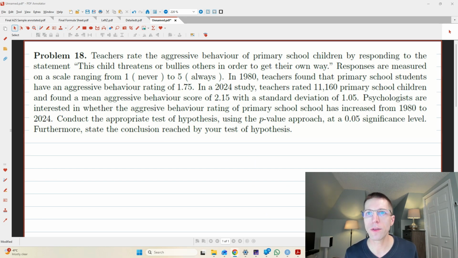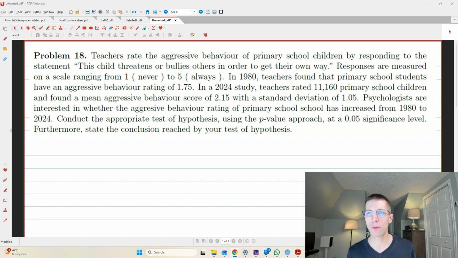Problem 18 is a question about the average or mean aggression level in primary children. So we're told that there's a scale of 1 to 5, with 1 being not aggressive and 5 being very aggressive. And in 1980, teachers found that the students had an aggression level of 1.75.